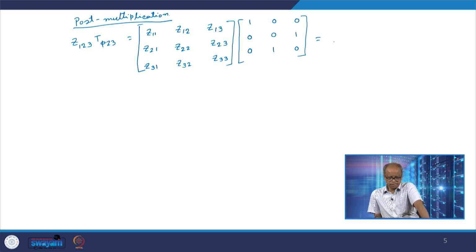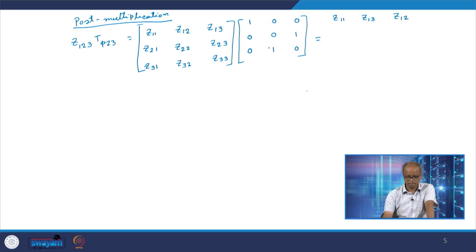So what it would be: Z 1 1, Z 1 3, Z 1 2, then Z 2 1, Z 2 3, Z 2 2, and Z 3 1, Z 3 3, Z 3 2.